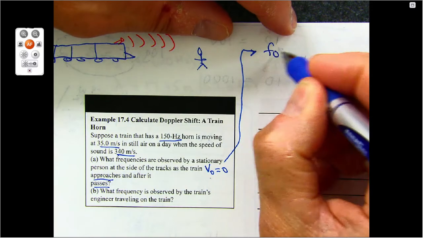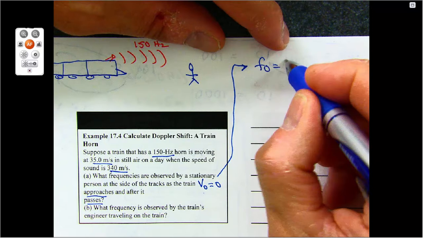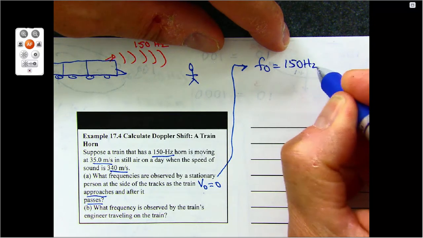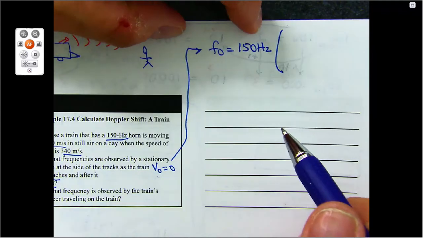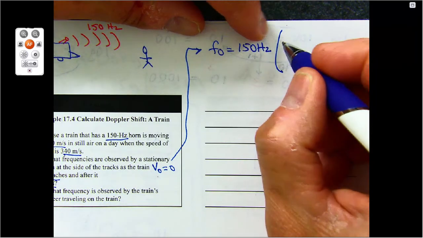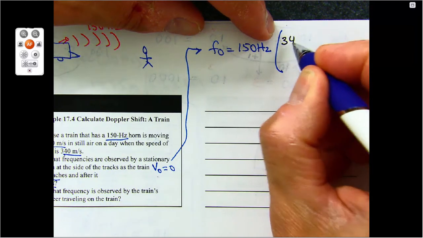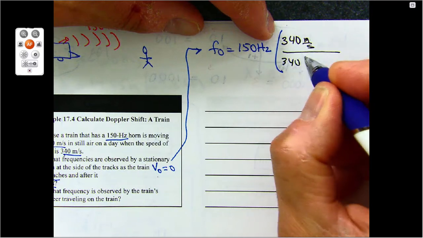The velocity of my observer is 0, and the velocity of the source is 100. First, 150 hertz. Ratio now, my speed of sound in air, in this case 340, over 340.